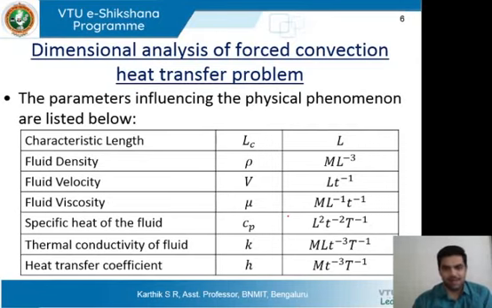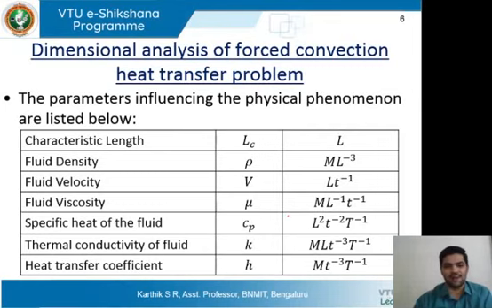Next is fluid density, rho, the velocity of flow, which is V, you can also take it as u, it doesn't matter. Fluid viscosity, mu, the dynamic viscosity, that is. Specific heat of the fluid, Cp, thermal conductivity of the fluid, K, and the heat transfer coefficient itself.